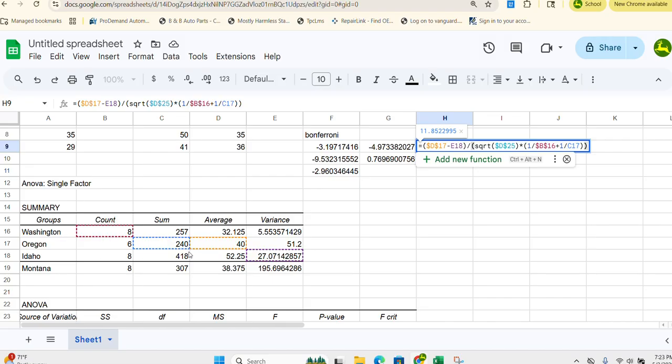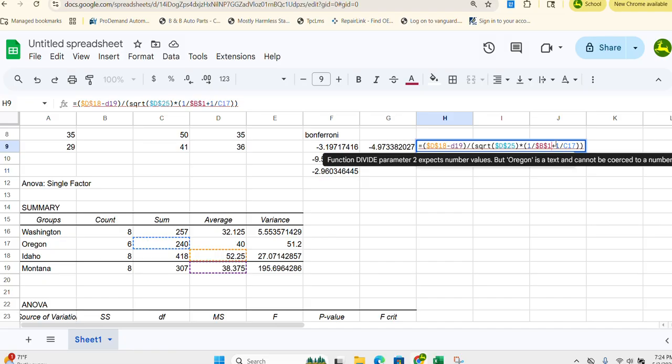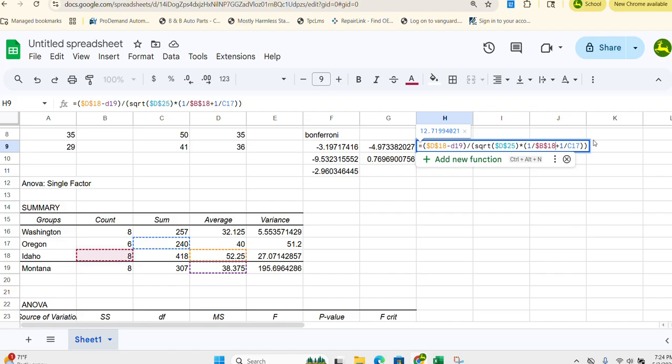So if you look on this, this is wrong. We need to be comparing D18 and D19 probably. And then we want to be doing B18 minus B19.